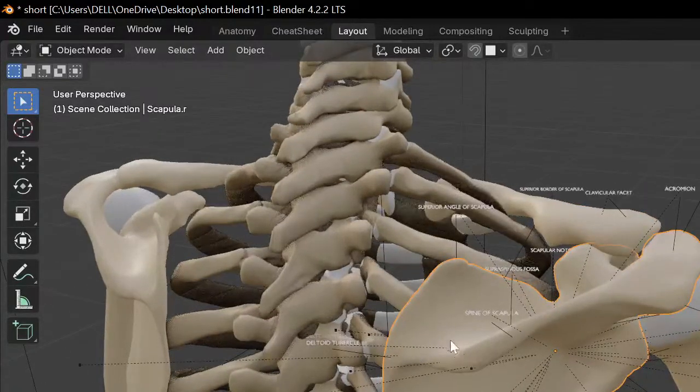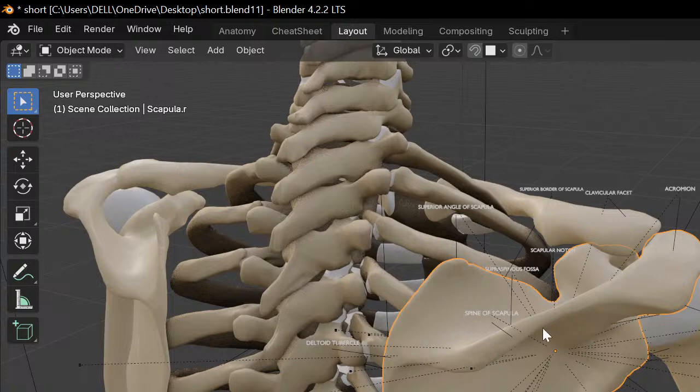The spine of the scapula divides the posterior surface into the supraspinous fossa, which is this depression here, and it is the point of attachment of the supraspinatus, that is above the spine of the scapula. The supraspinatus muscle originates from this area.